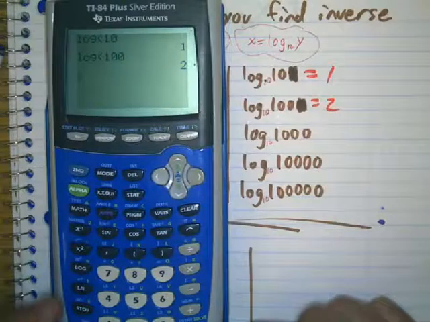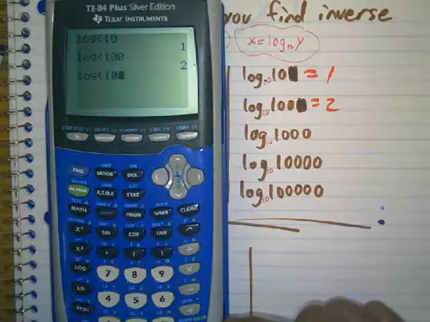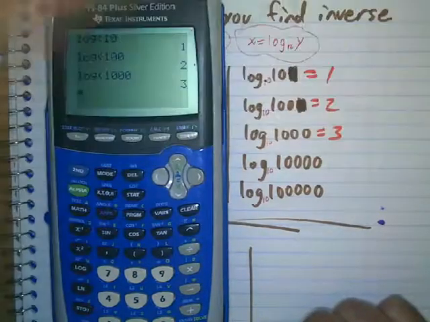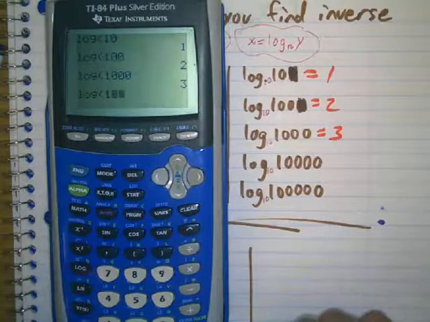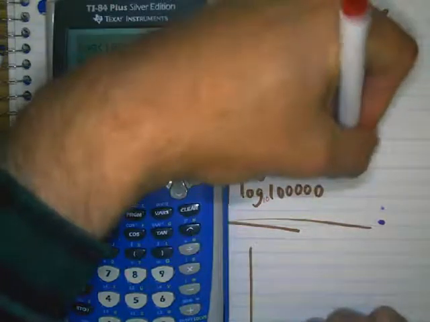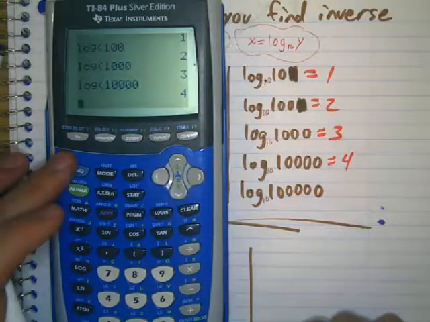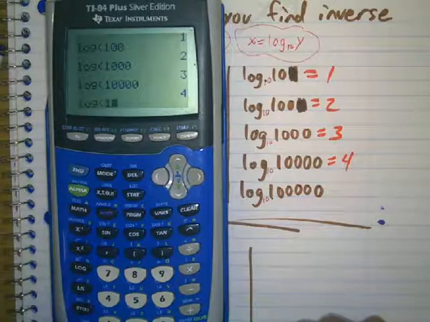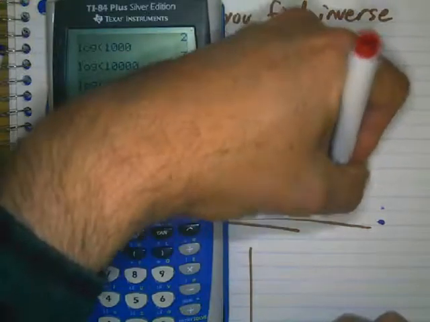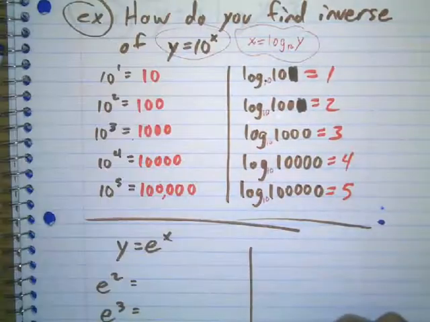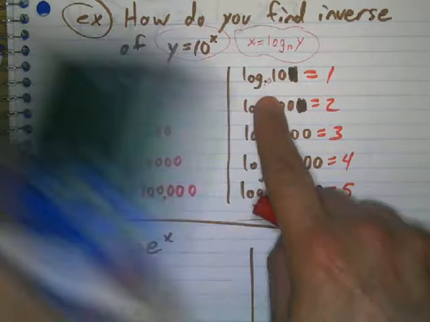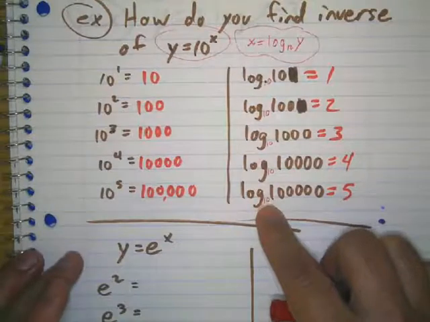What if I type in log 1000? We get 3. What about log 10,000? We get 4. And if we do log 100,000, we get 5. If we have log with no base written here, by default it's got a base of 10. That's why I wrote 10 really tiny here.